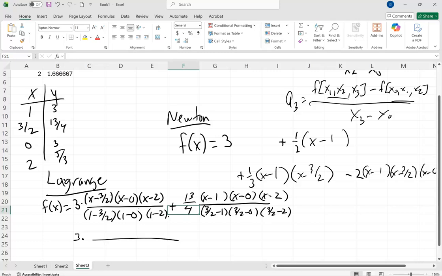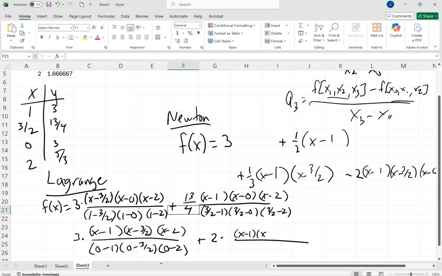What's the next one? X minus 1, x minus 3 halves, x minus 2. Good. And then we'll have 0 minus 1, 0 minus 3 halves, 0 minus 2. And the last one, 5/3 times, I'll just write it out, x minus 1, x minus 3 halves, x minus 0, over 2 minus 1, 2 minus 3 halves, 2 minus 0.